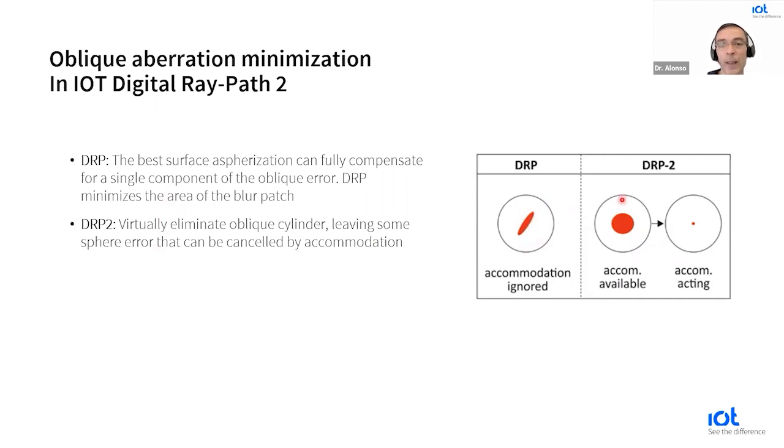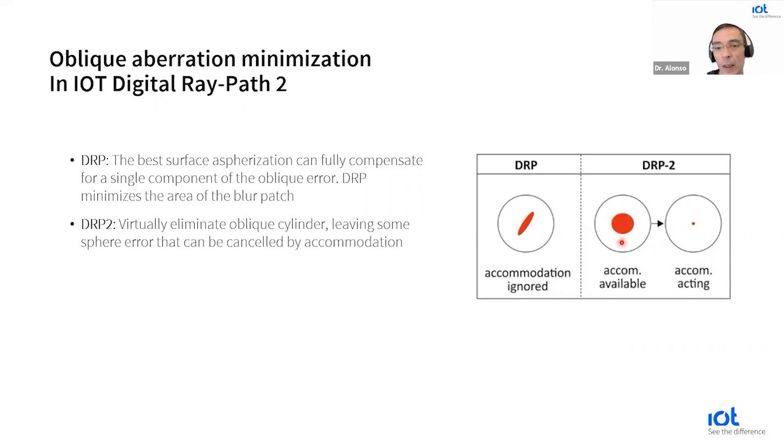Instead, DRP2 will try to remove the cylindrical component as much as possible. If necessary, it will leave some round blur patch corresponding to spherical oblique power. But the point here is that accommodation will be able to remove this excess spherical error.